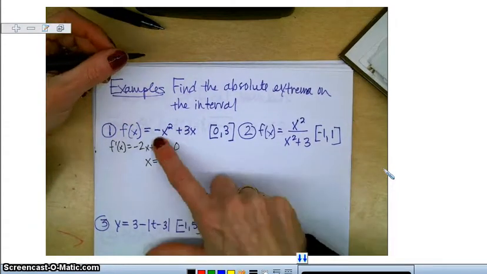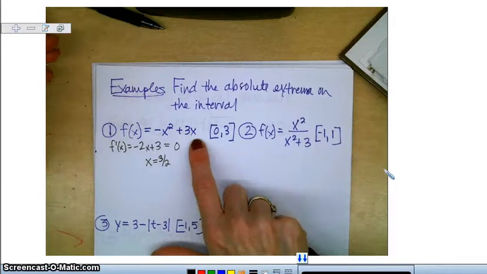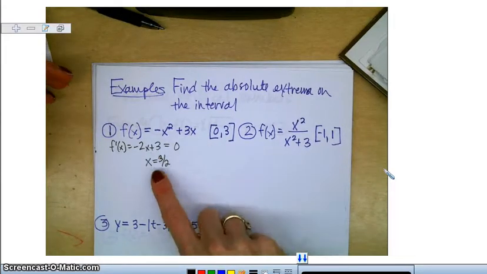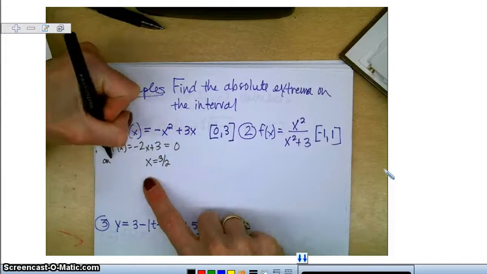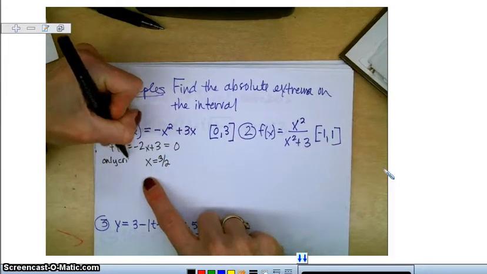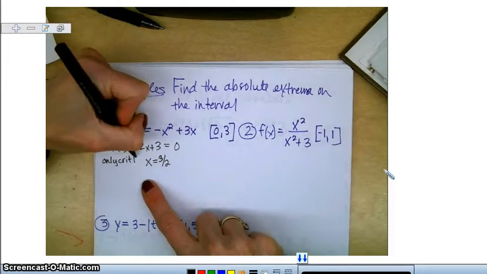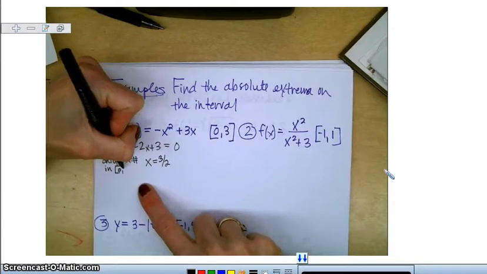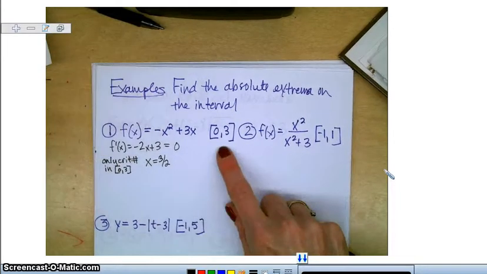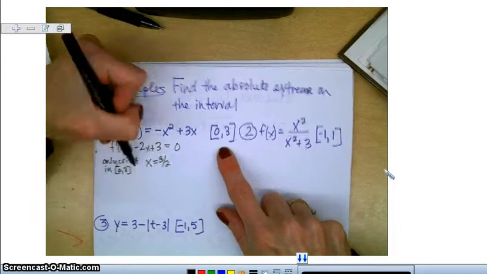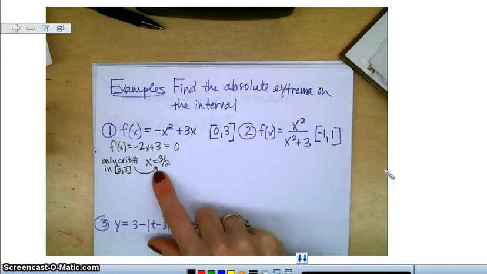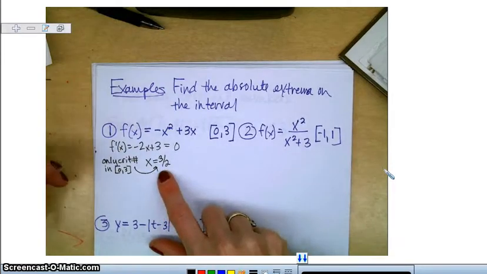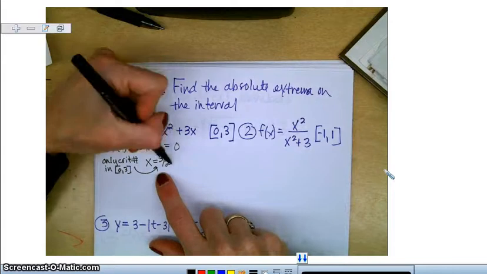Now I have to look at this function and say, is there any place that this function is undefined? Well, no, because it's a polynomial. The derivative is always defined. So this is the only possible critical number in the interval from 0 to 3. Now it says in the steps, I take that and put it into the function.